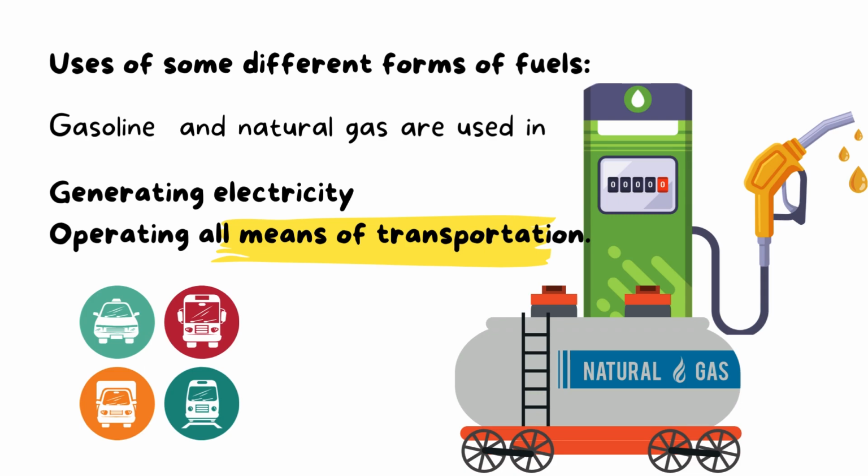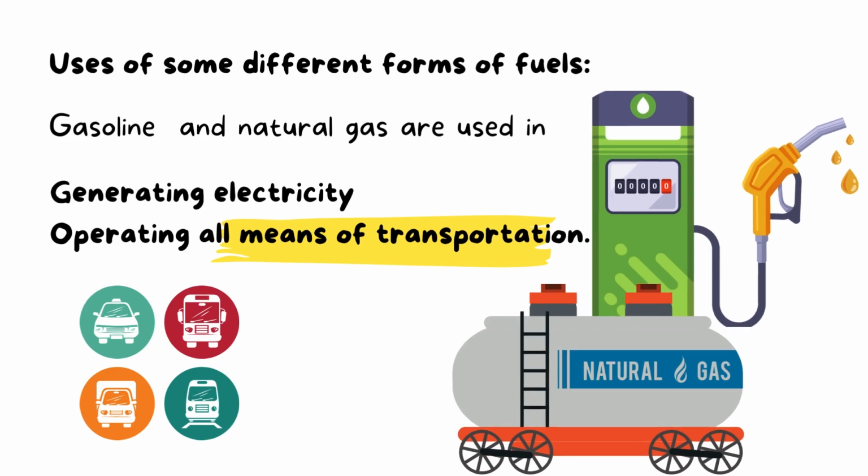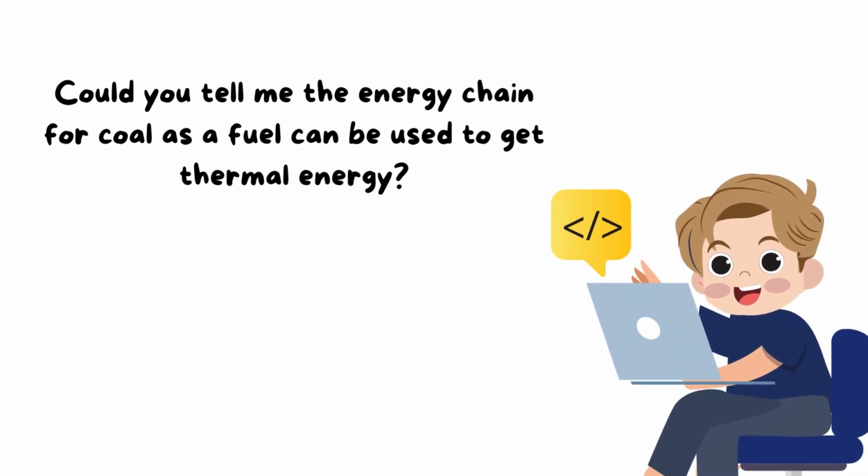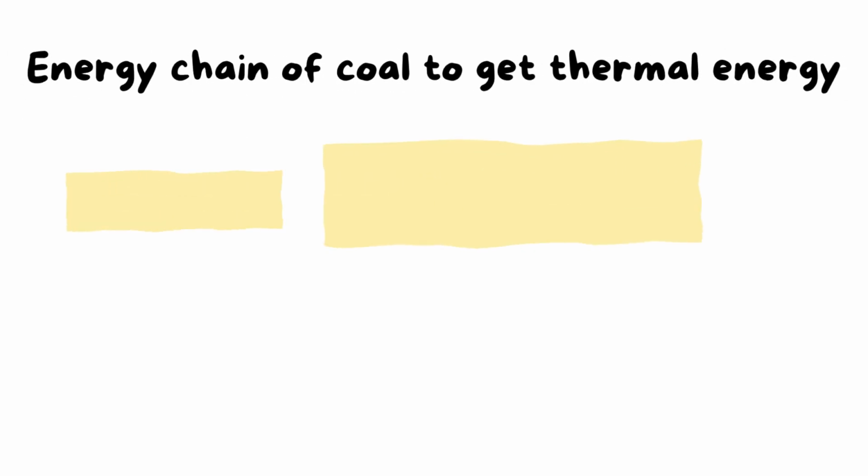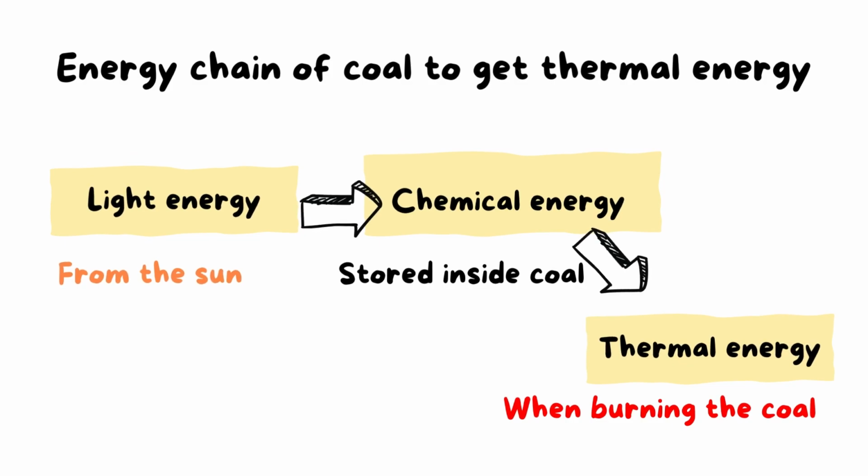Okay. Here, could you tell me the energy chain for coal as a fuel that can be used to get thermal energy? We want to get thermal energy from the coal. Can you tell me the energy chain you studied before? Yes, very easy. The energy chain of the coal to get thermal energy starts with light energy from the sun. So the sun here is the source of energy, yes?